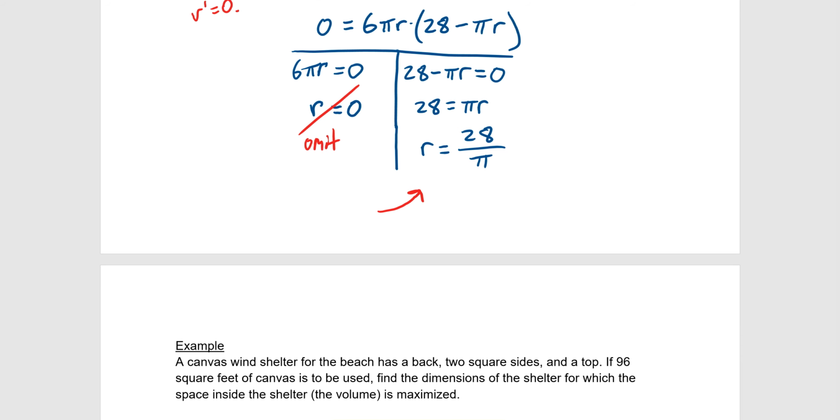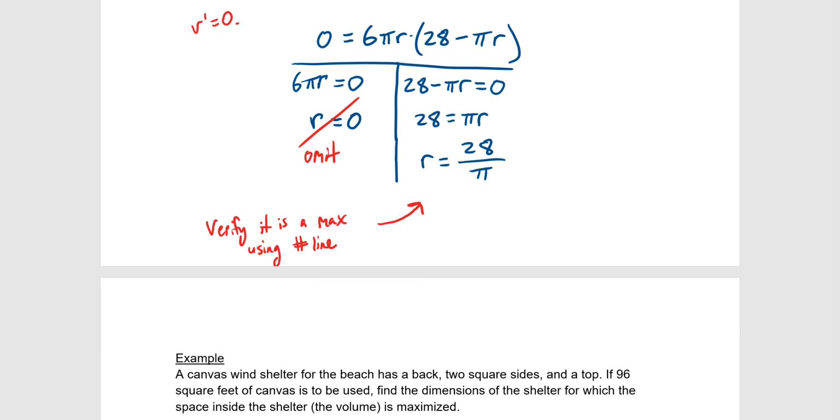But what you could do is verify that this is a maximum using a number line like we did before. I'll skip that for now. You can use a value of 0 to the left, and a value of about 10 would work to the right, and verify it goes from increasing to decreasing like we did in the previous one, but I'll skip that.